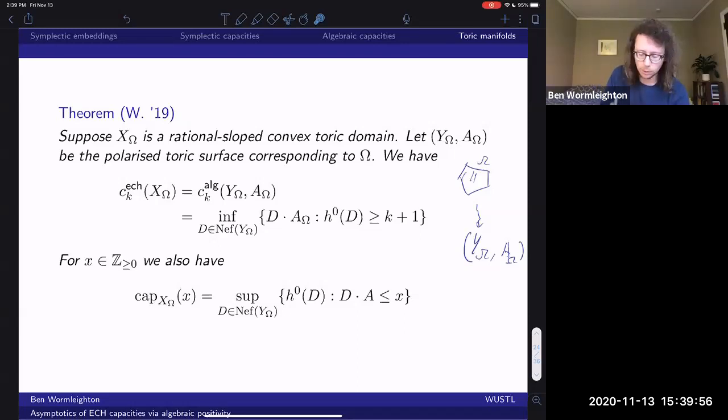You can also view this as a sort of refinement. Indeed, algebraic capacities in general are a method of converting ECH problems into convex optimization problems, at least when the nef cone is well behaved. And so you can view that previous algebraic capacities theorem as being a generalization of the combinatorial toric ECH.